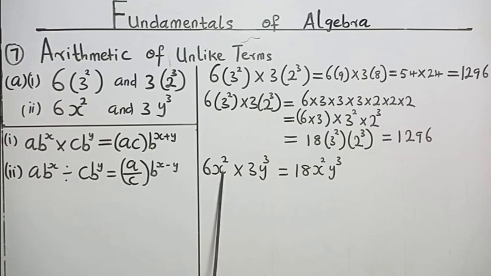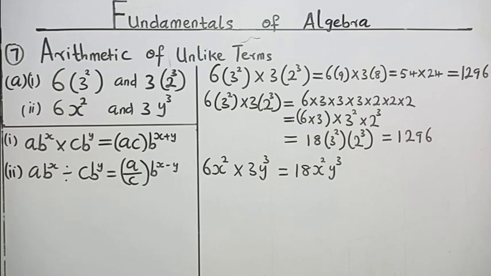The next is that x and y did not just join, instead they were juxtaposed. That is, placed side by side, the same way 2 to the power 2 and 2 to the power 3 were placed side by side. Therefore, this multiplication of unlike terms that differ in both symbol and power is possible.